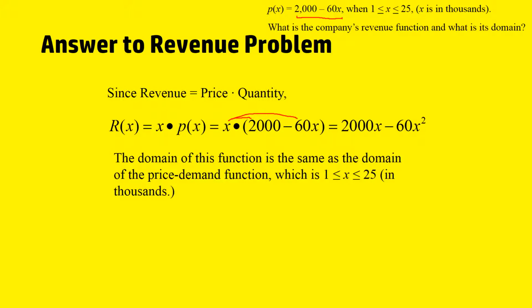The domain of this function is the same as the domain of the price demand function, which is x between 1 and 25 in thousands. That was given in the problem. There is your domain right there, because that's the set of x values that are allowed.